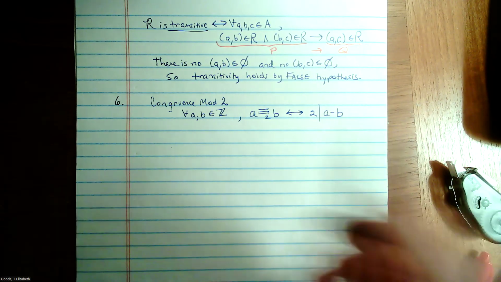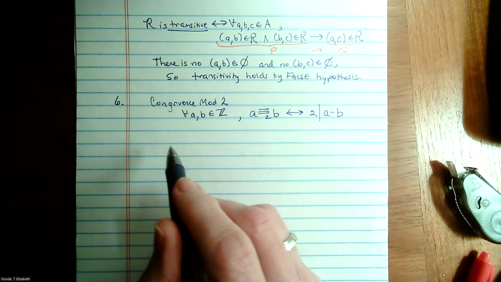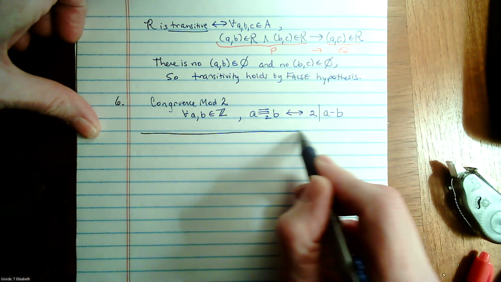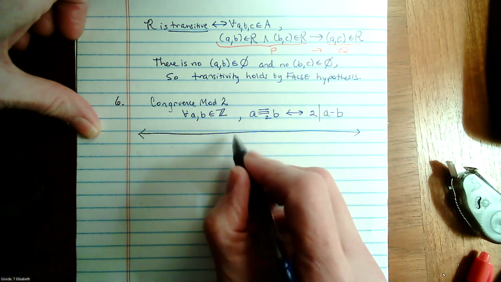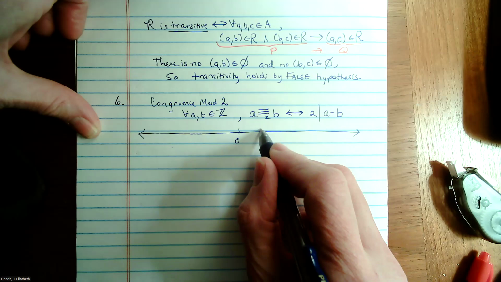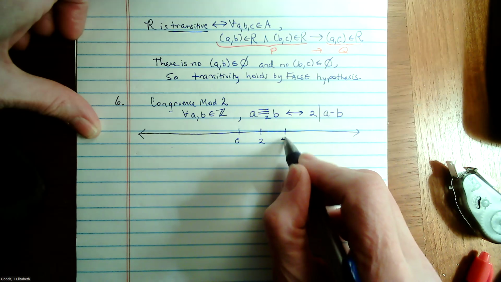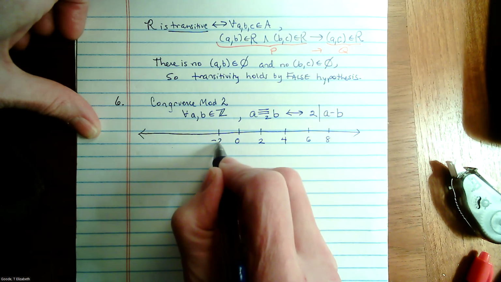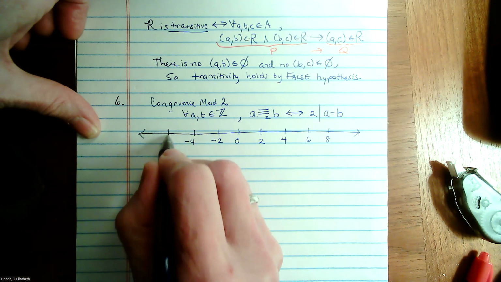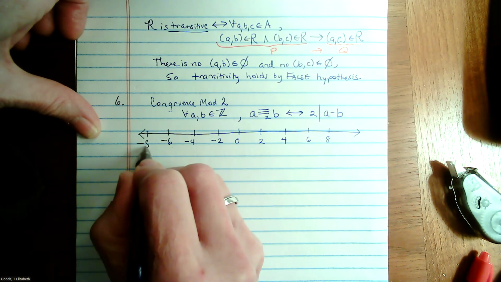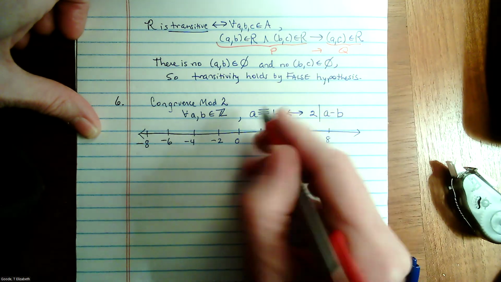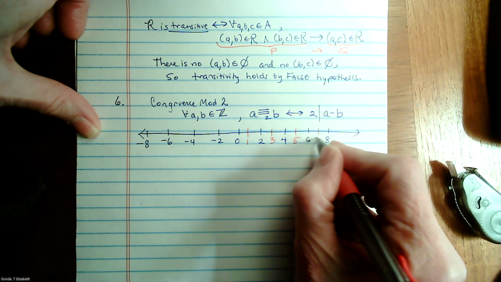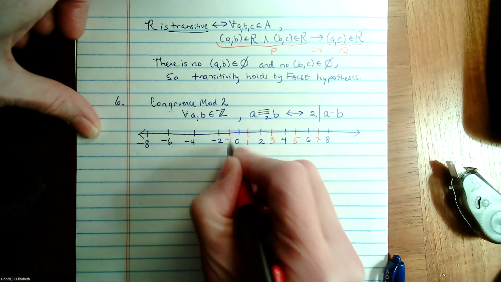The way to think about this is it splits the integers up into 2 different sets based on the remainders. When we're dividing by 2, the even integers give us a remainder of 0, whereas the odd integers give us a remainder of 1.